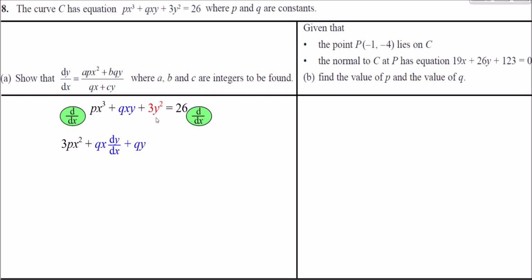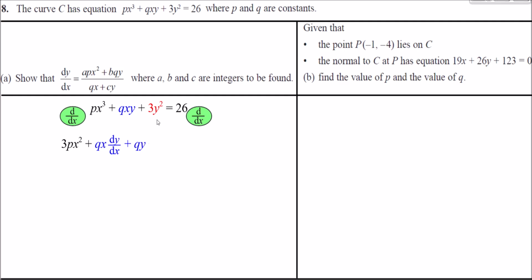3y squared, this is a case of implicit differentiation. If it's just a function of y or y squared, the way I'd imagine this is to imagine it being a function of x. So just pretend it's 3x squared and differentiate it as normal. If it were 3x squared, that would differentiate to 6x. If we're differentiating 3y squared, we treat it in exactly the same way, but the trick is to just stick a dy by dx on the end.